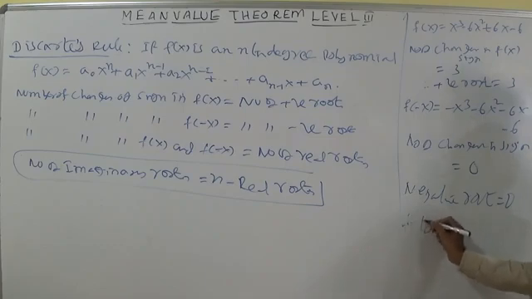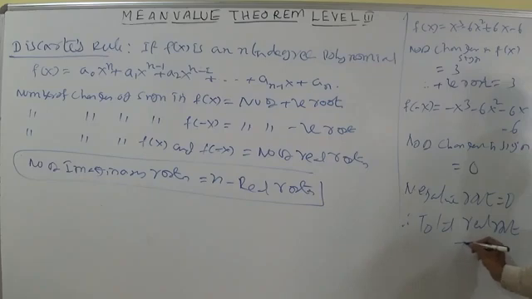Therefore the total real roots equal 3 plus 0, that is equal to 3. So the function has only positive roots.